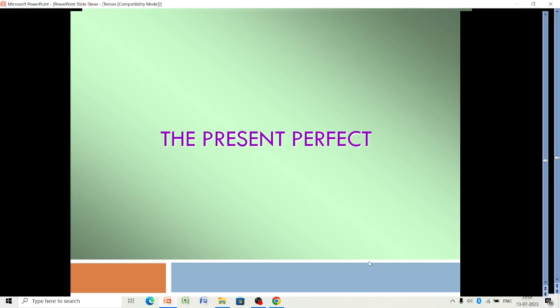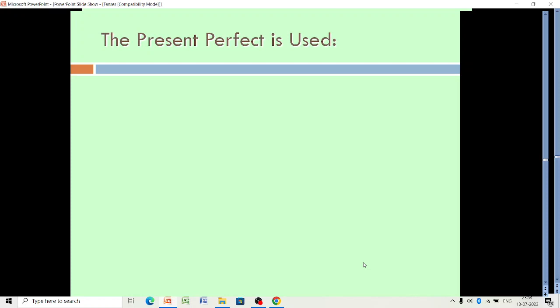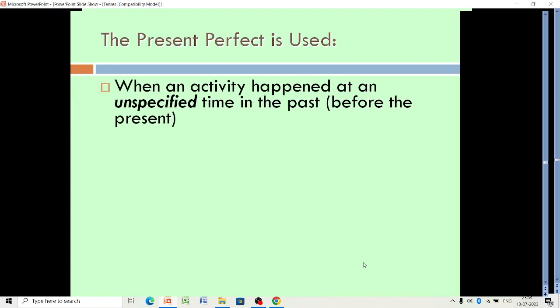So now we'll see present perfect. A tense very commonly used in English to refer to the past. It has a close connection with the simple past. Present perfect is used when an activity happened at an unspecified time in the past.